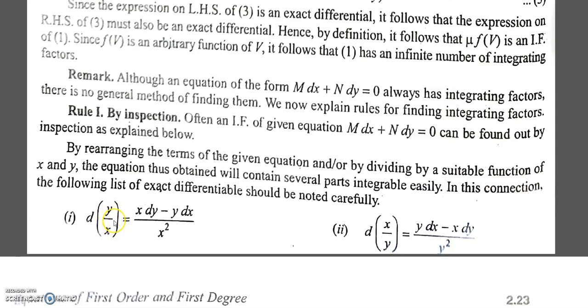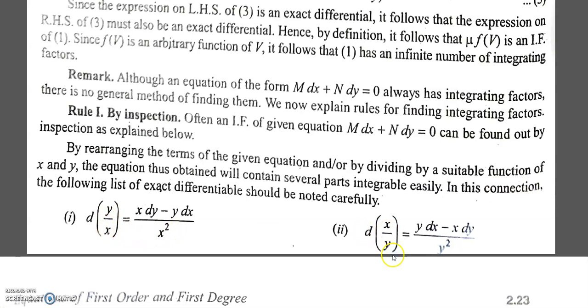This is the derivative of u by v, that is, v square below, v into derivative of u minus u into derivative of v. So x dy minus y dx over x square we can write as d of y by x, because x square is in the denominator.